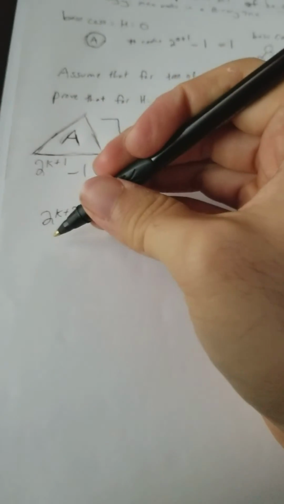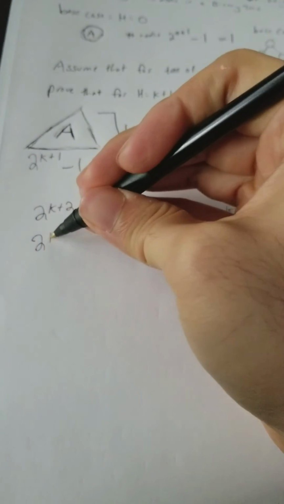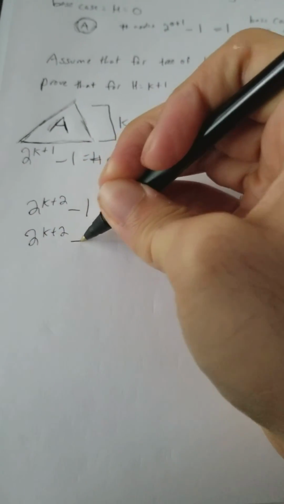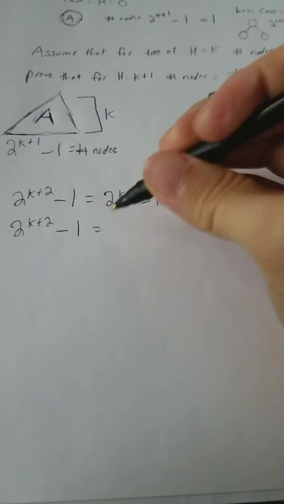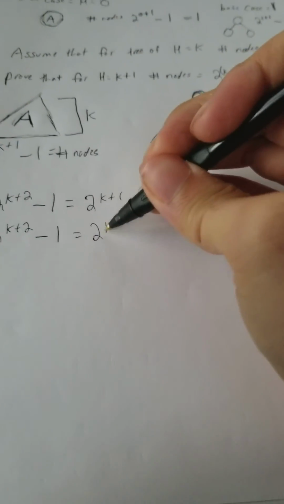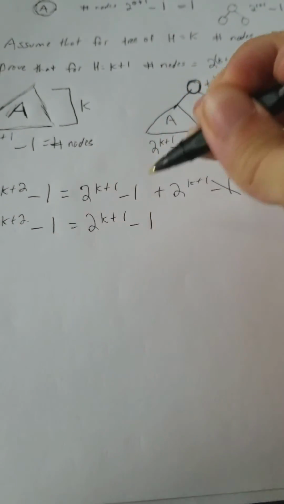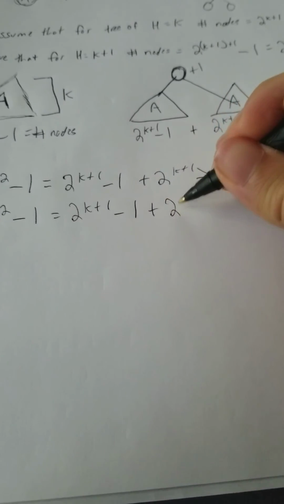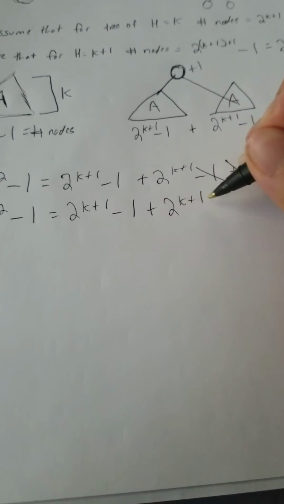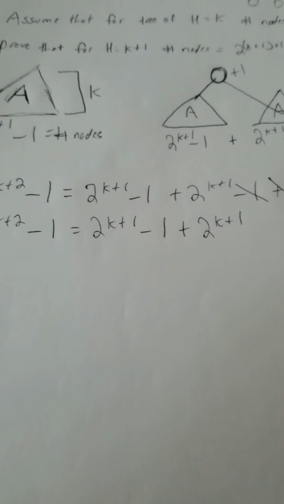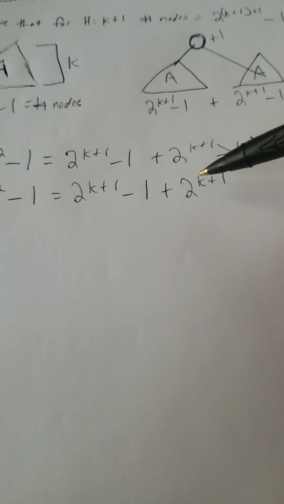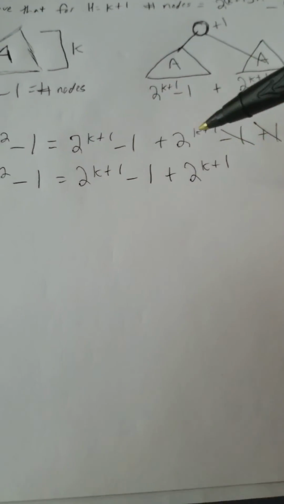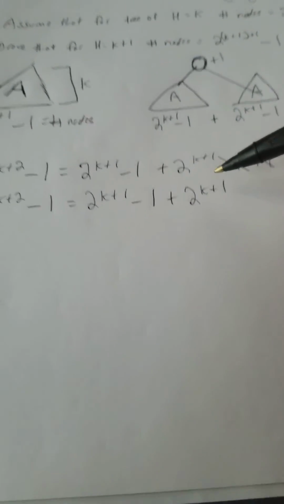So we're going to be left with 2 to the k plus 2, minus 1 equals 2 to the k plus 1 plus 2 to the k plus 1.